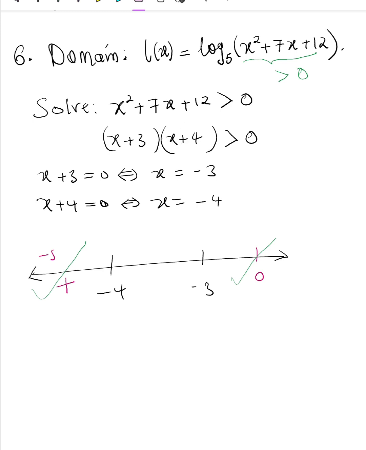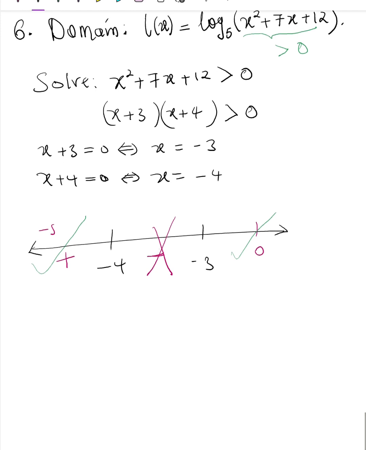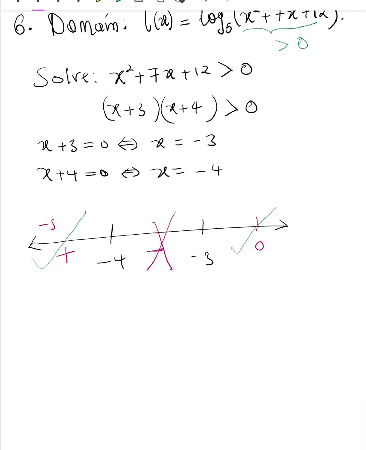So the product is negative, and a negative number cannot be greater than 0. So this is not part of the solution. Therefore, in interval notation, the solution is from negative infinity to negative 4, union negative 3 to positive infinity. And this is done.